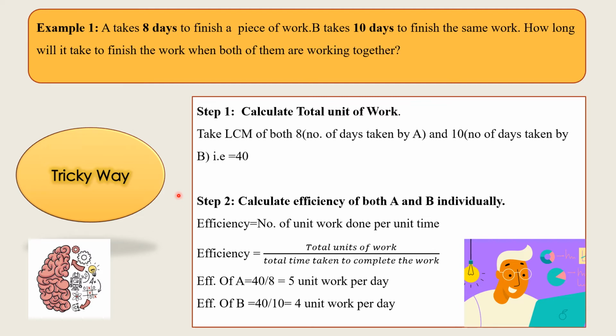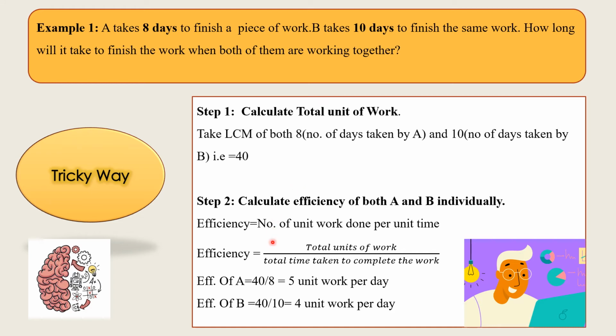In the second step, we need to calculate the efficiency of both A and B individually. You might be thinking, what is efficiency? Efficiency is the number of units of work done per unit time. That can be given by the formula: total units of work divided by total time taken to complete the work.